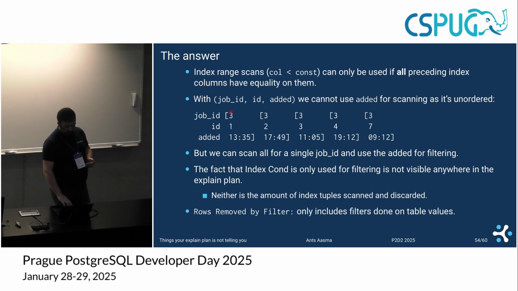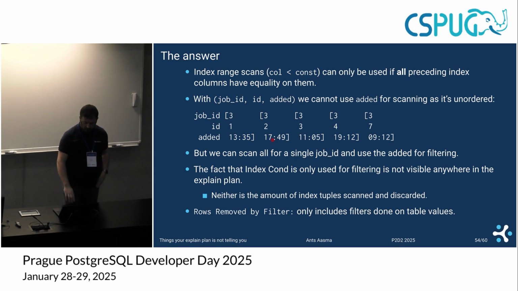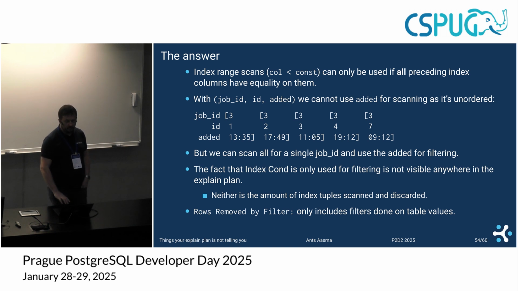When we are storing this in job ID and added order, we cannot use added for scanning the index, because the stuff for job number 3 here will be stored in ID order, and the timestamps will be all over the place. At least the planner cannot rely on them being in order anyway. So we have to scan all of the values for job number 3.